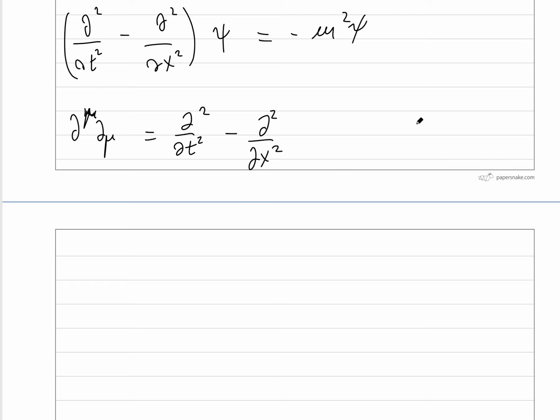If we have more than one spatial coordinate, we can add partial squared partial y squared and partial squared partial z squared, but in this case we are working with one spatial dimension.